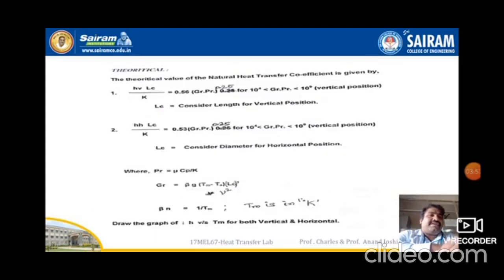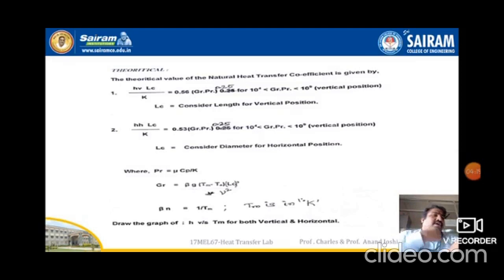Similarly for theoretical, the theoretical value of the natural heat transfer coefficient is given by hV Lc by K equals 0.56 into (Grashof number times Prandtl number) to the power of 0.25, for 10 to the power of 4 less than Grashof number times Prandtl number less than 10 to the power of 9.